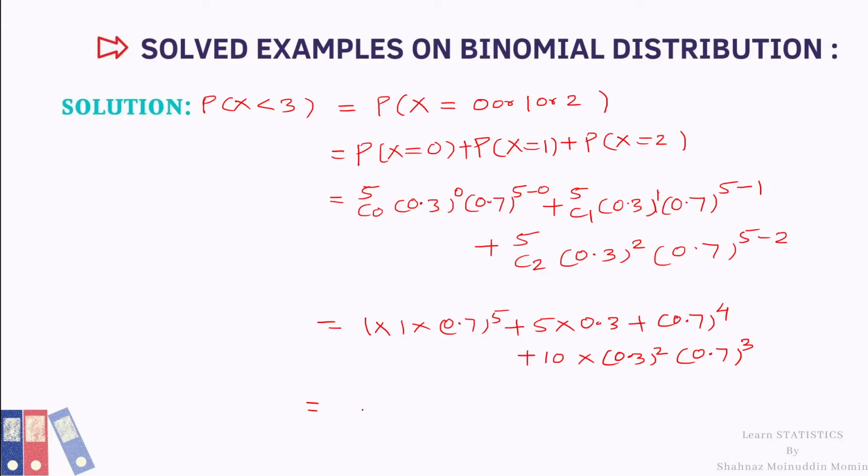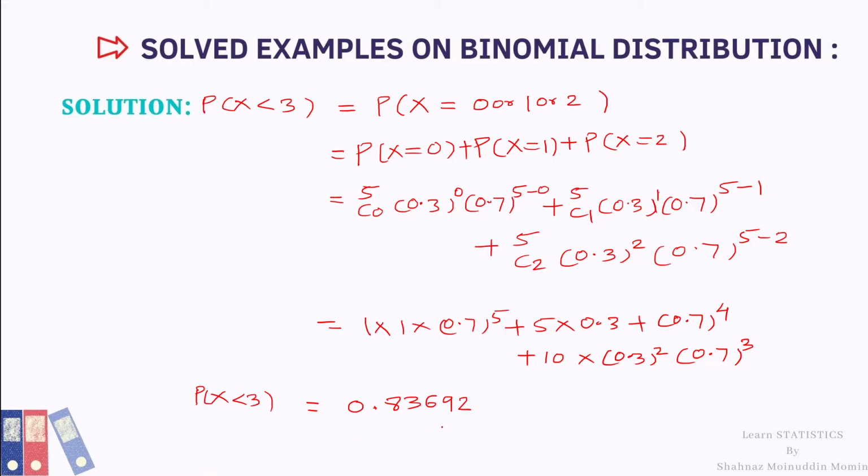After simplification, we get the answer equal to 0.83692. One may take up to 4 to 5 decimals while calculating the probabilities. This is the probability x less than 3.